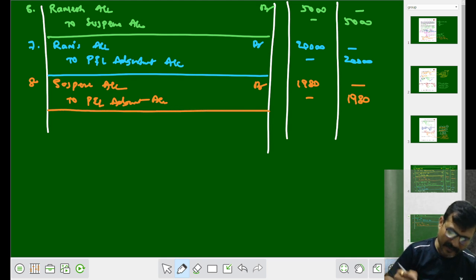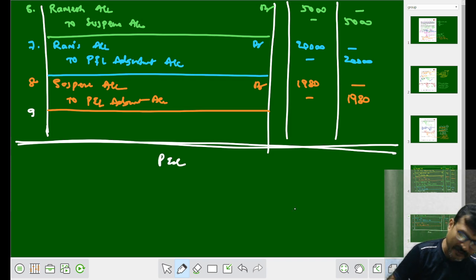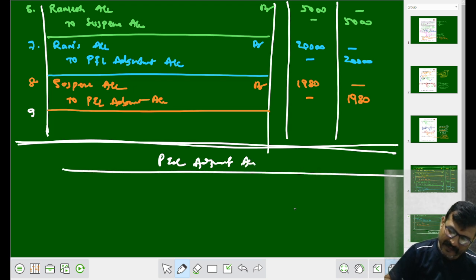Now this completes how many entries, my dear student? This completes 8 entries. We have to leave one more space to write the 9th entry, that is whatever balance you are getting after preparing your P&L adjustment account. That balance is to be transferred to the capital account, right?